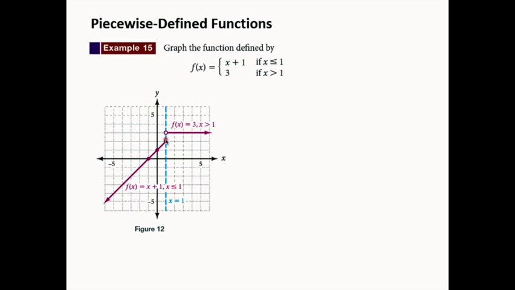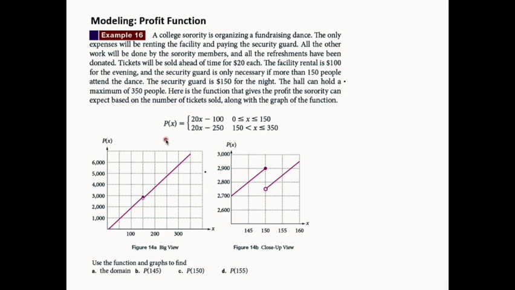Let's look at the next example. A way that you can use piecewise functions is when you have situations that you need to break into different intervals. So in this example, it talks about a college sorority that's organizing a fundraiser dance. Now the author goes on to explain that tickets are going to be sold for the fundraiser dance for $20 each.